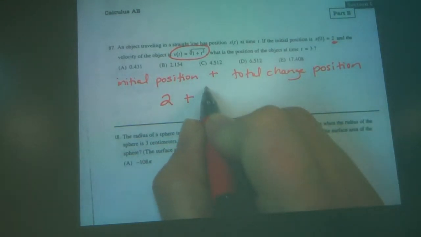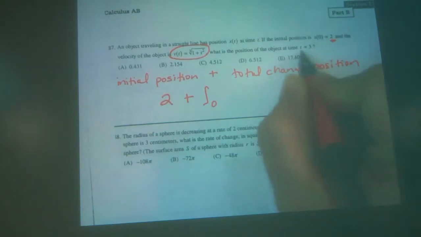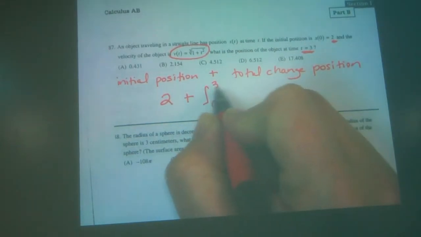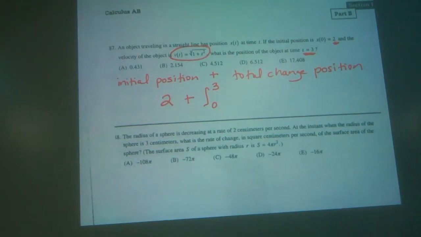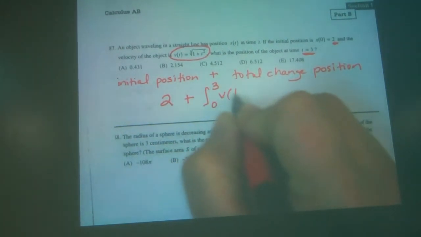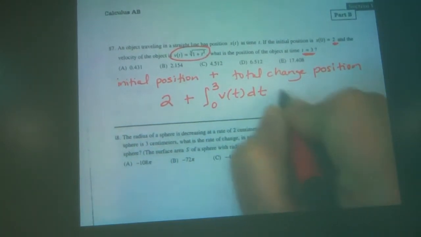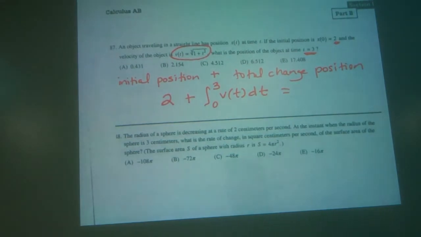So we would integrate the velocity equation from 0 to 3, because we're looking at what the position will be at 3. And that'll give us the total.